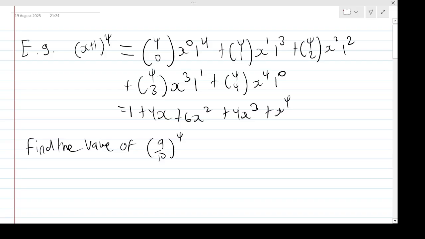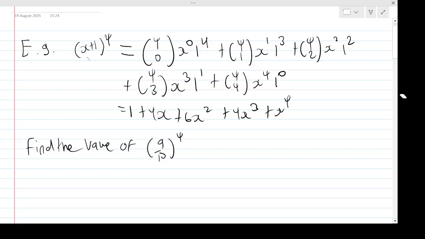Hopefully you can notice that the brackets here are sort of the same. They're a bracket raised to the power of 4, but with x + 1 inside here and 9/10 here.